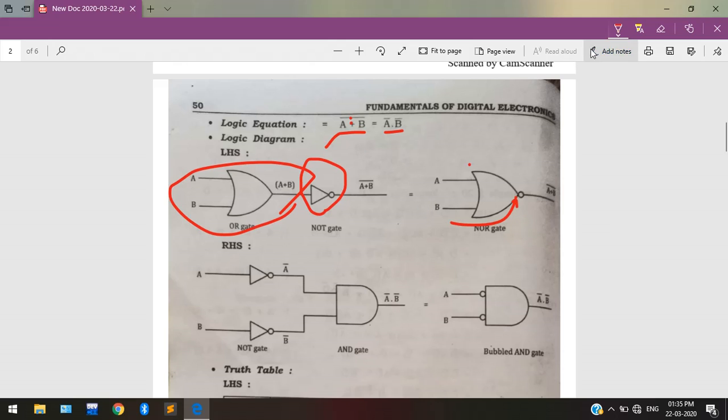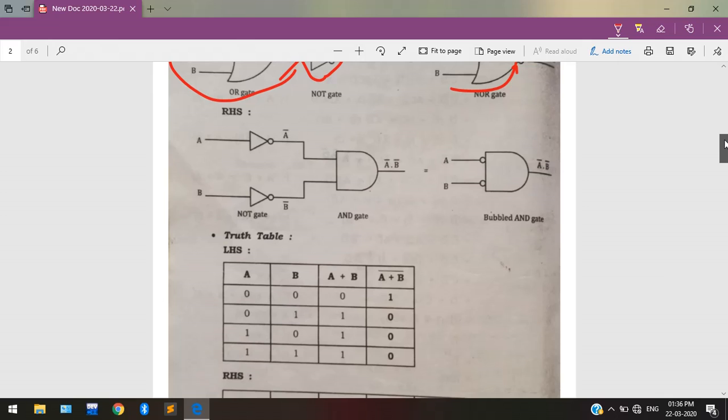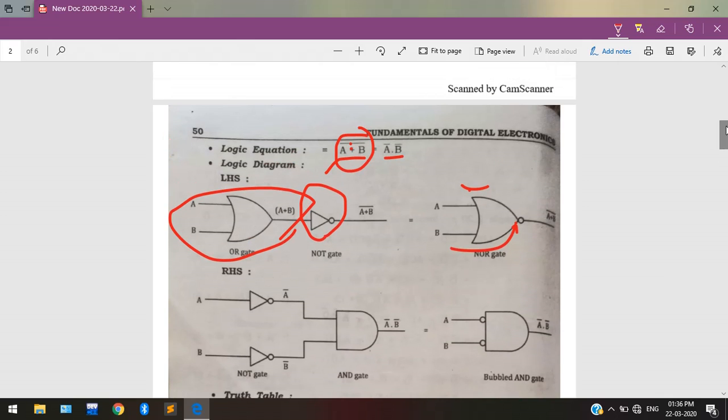So simply we can see the logical equation of (a plus b) bar here. This is the final output of (a plus b) bar. Now, what about the RHS? The RHS is a bar dot b bar.